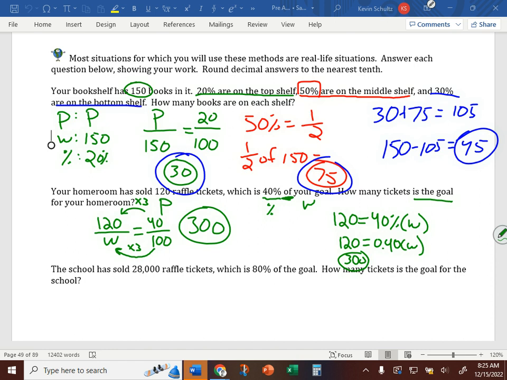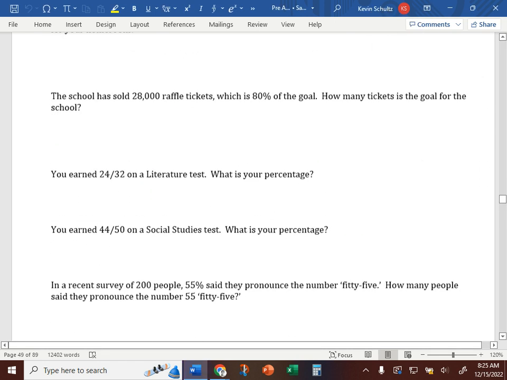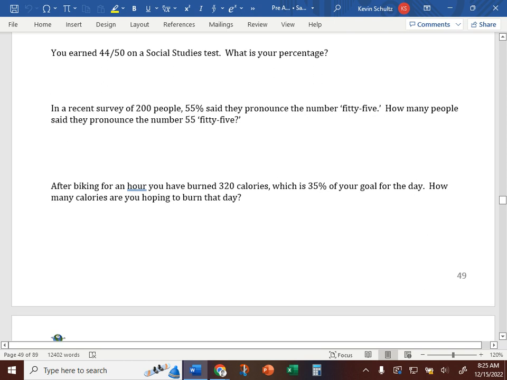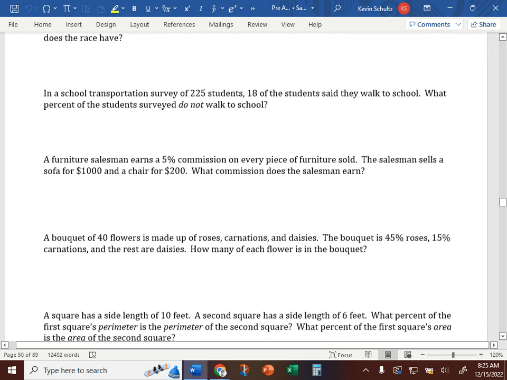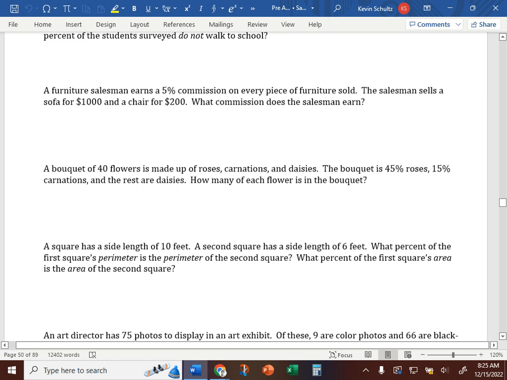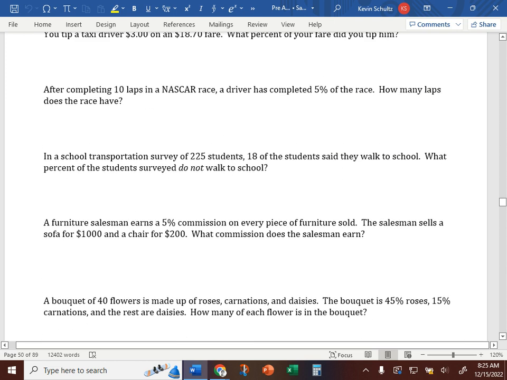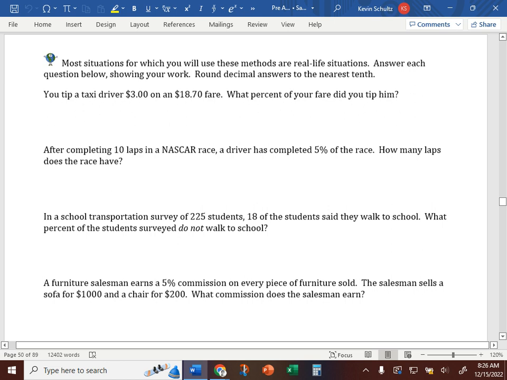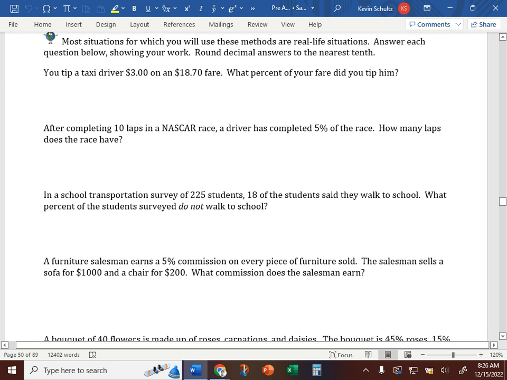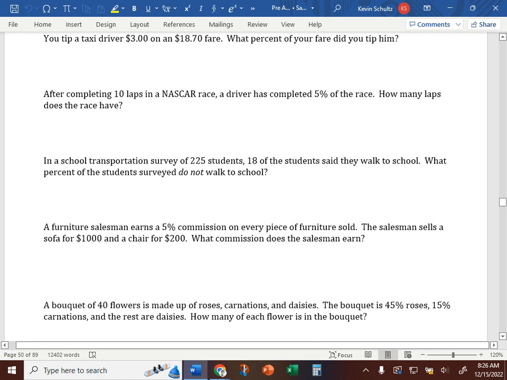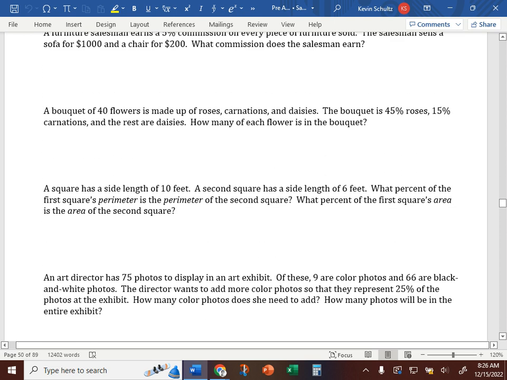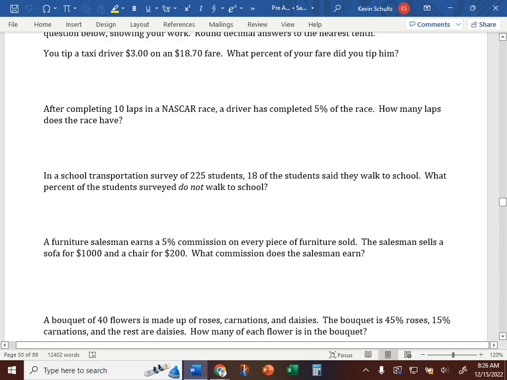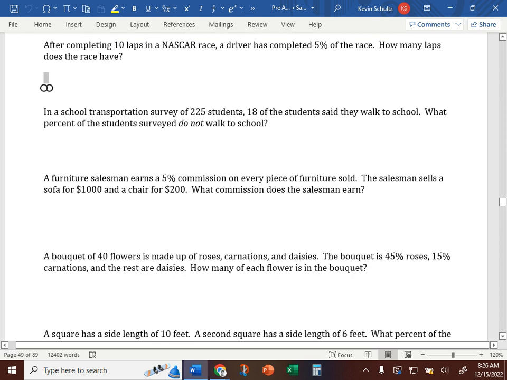Your homework for tomorrow is going to be the rest of this page and the first 5 on the second page.